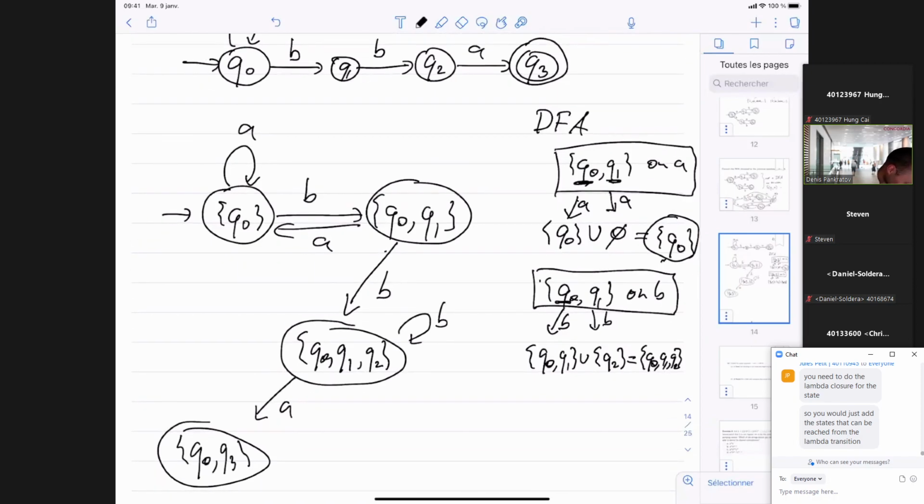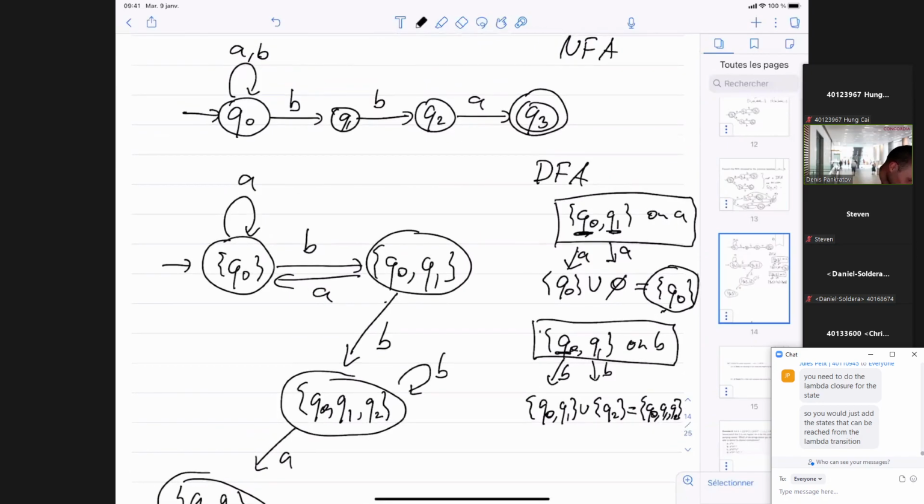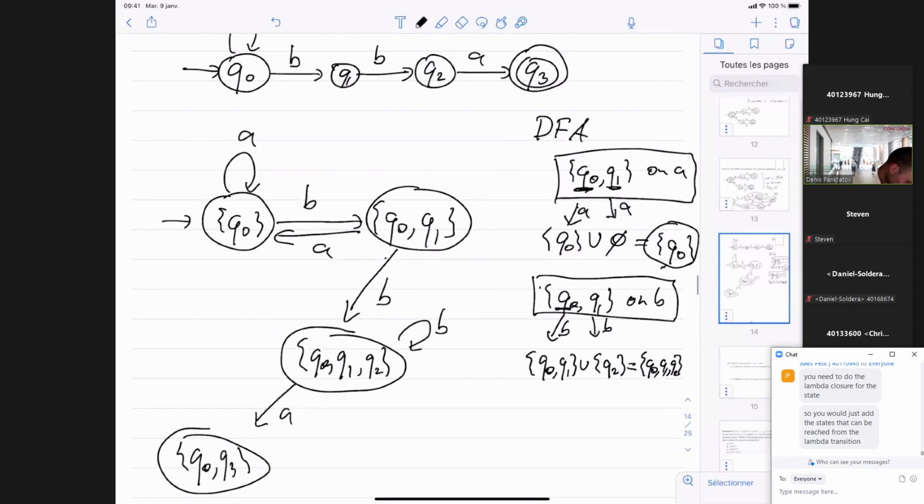Okay, then we're at Q0, Q3. For it, we need to define what happens on A and what happens on B. Q0 on A, you go to Q0, and Q3 on A goes to an empty set. So the union of the set containing Q0 and an empty set is Q0. So it means that on A, you go back to Q0.